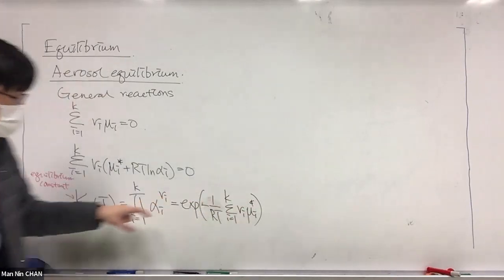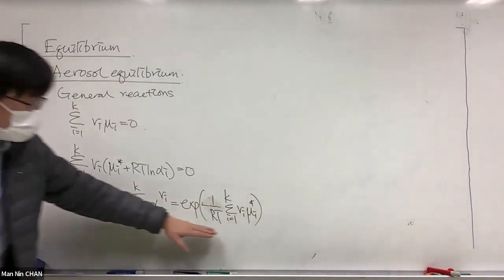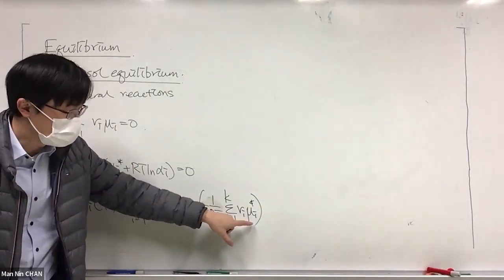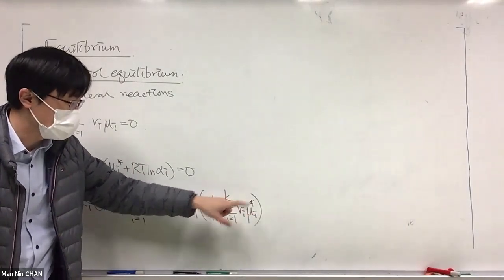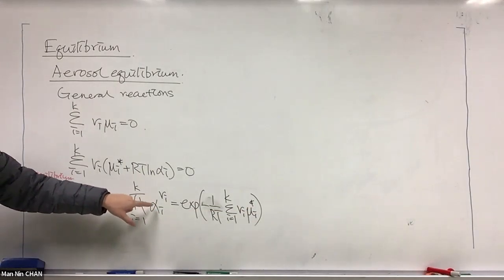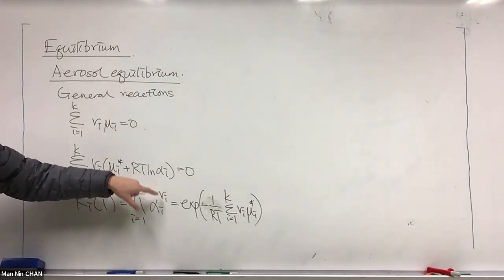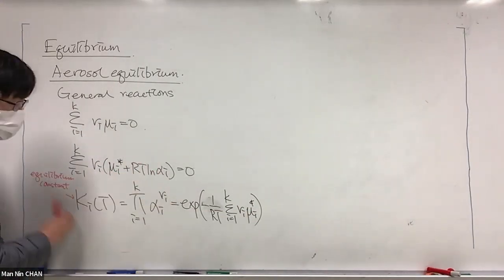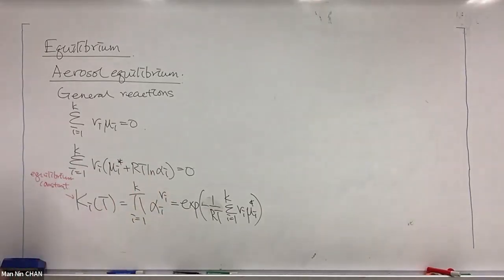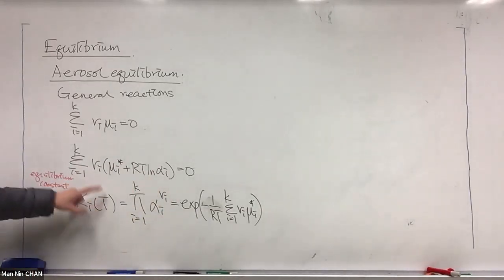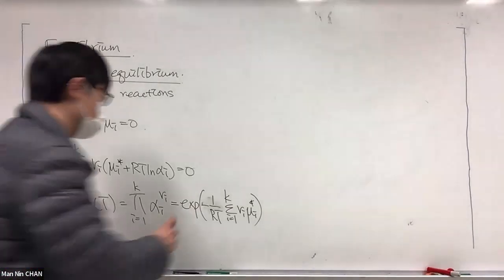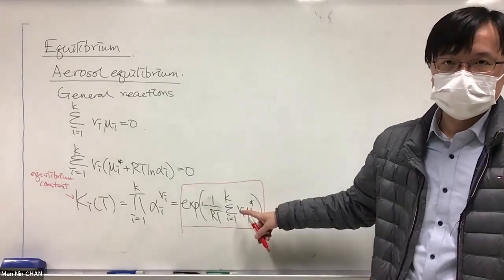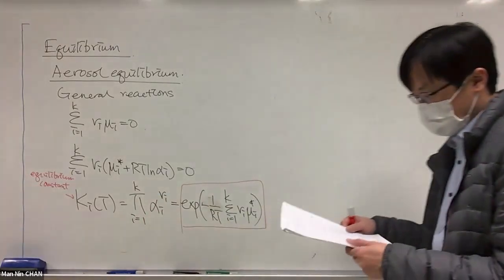So you can calculate your equilibrium constant if you know the reaction and the chemical potential of the species at the reference state, and it equals the product of the activities raised to the stoichiometric coefficients. This is what you have written many times before, but now I just want to show you that you can also calculate this equilibrium constant using the chemical potential at the reference state.